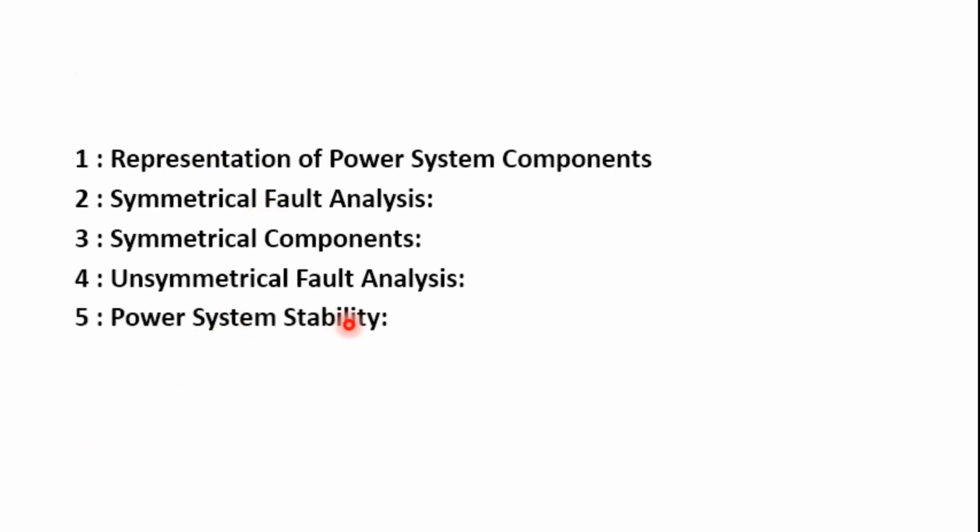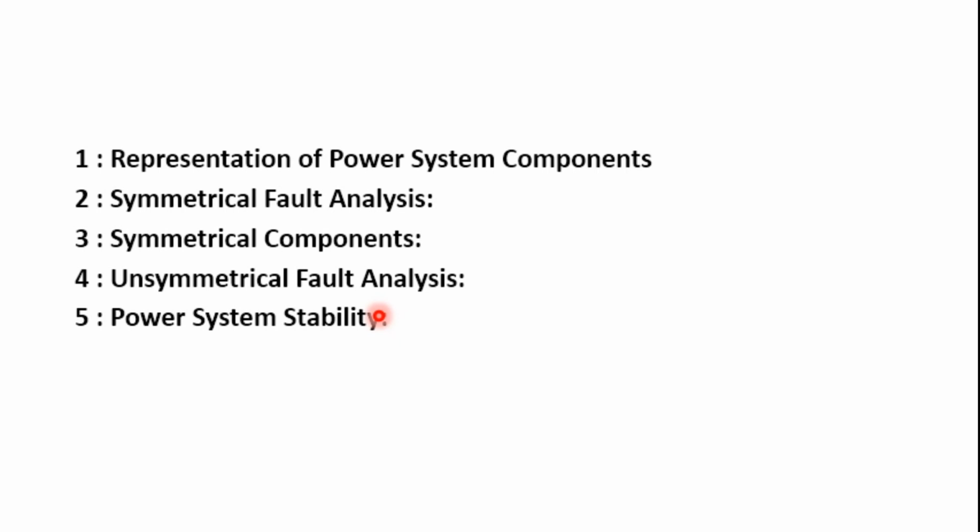Last module we have power system stability. A power system consists of many individual components connected together to form a large and complex system capable of generating, transmitting and distributing electrical energy over a large geographical area.